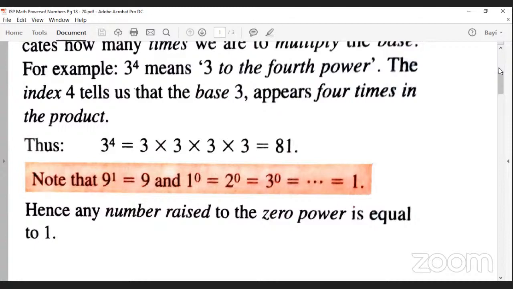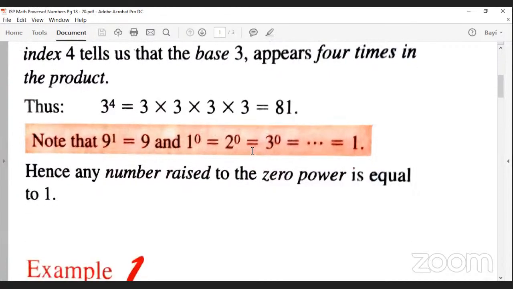So if we count the 3s here, Israel, how many 3s are being multiplied by itself? 4 times. So the power 4 shows you that the base 3 appears 1, 2, 3, 4 times. That is what the power represents. Everybody understands? Yes, sir.